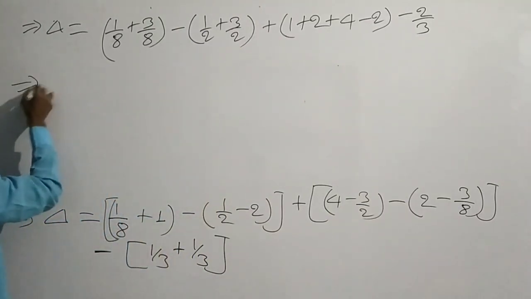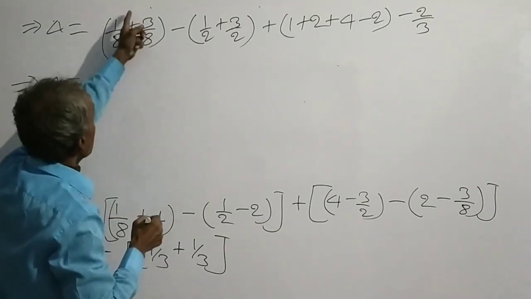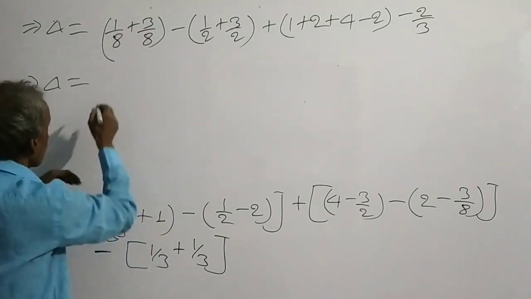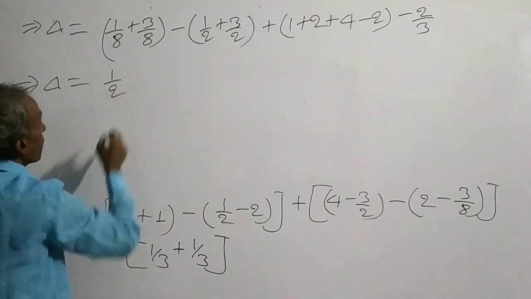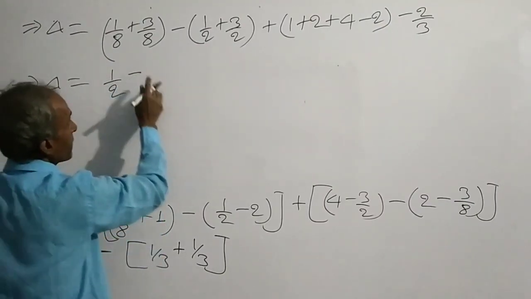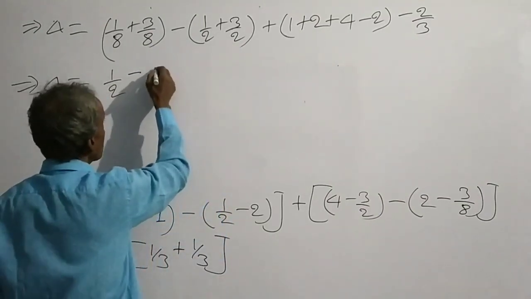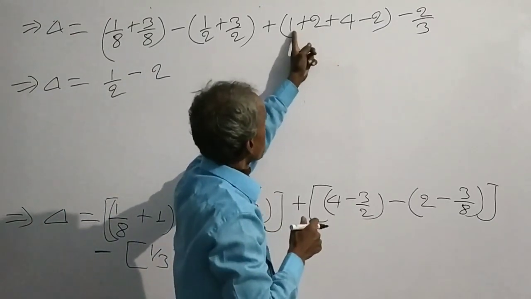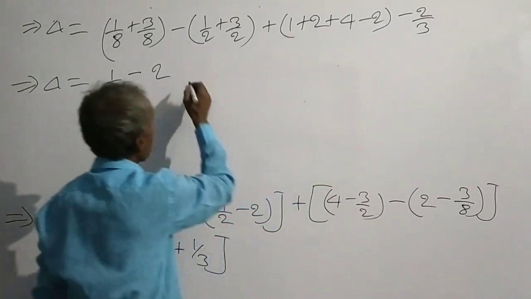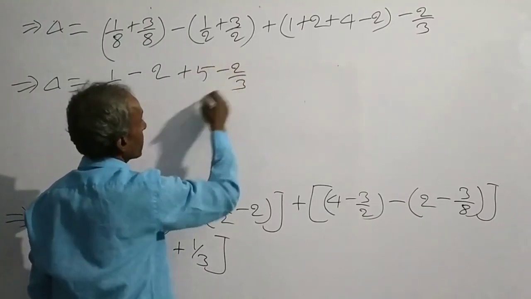This implies delta is equal to 1 by 8 plus 3 by 8, 4 by 8, and 4 by 8. After cancelling out, we leave 1 by 2 minus the value of this bracket, which will become 2. 4 plus 2, 6 plus 1, 7, 7 minus 2, 5, plus 5 minus 2 by 3.